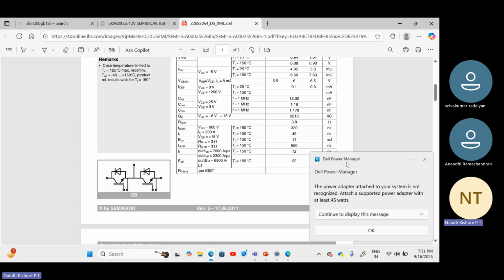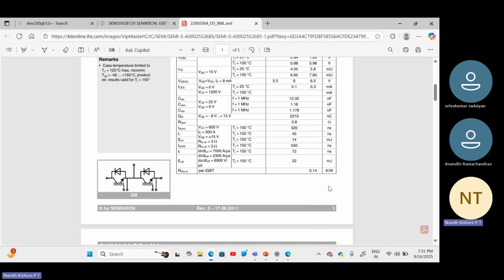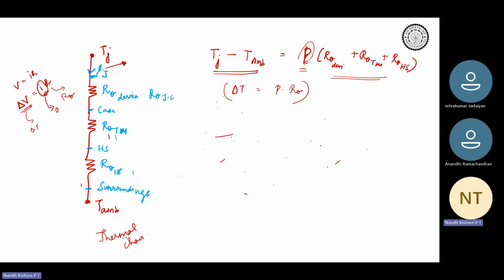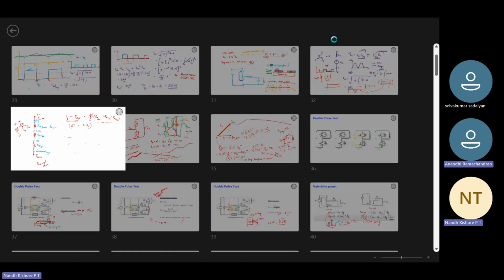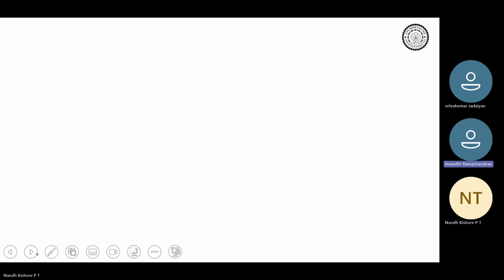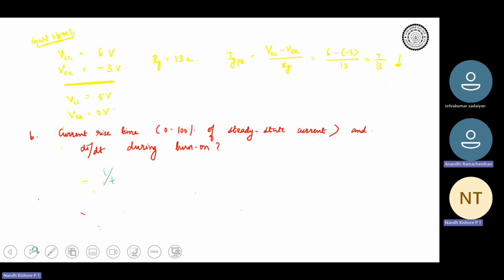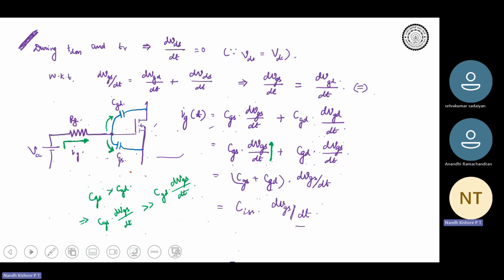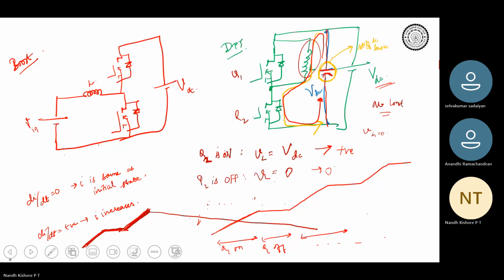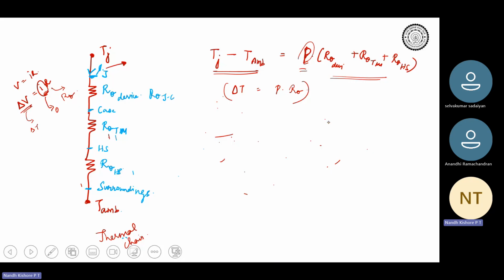R theta junction to case is given in the data sheet as 0.14 degree per watt.